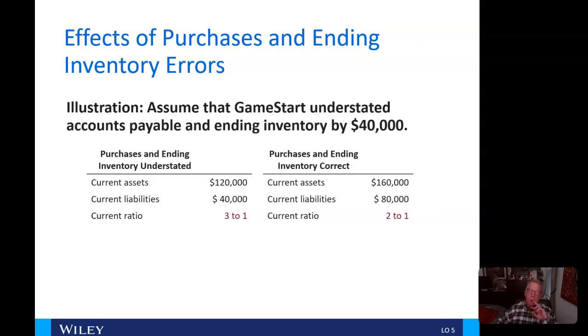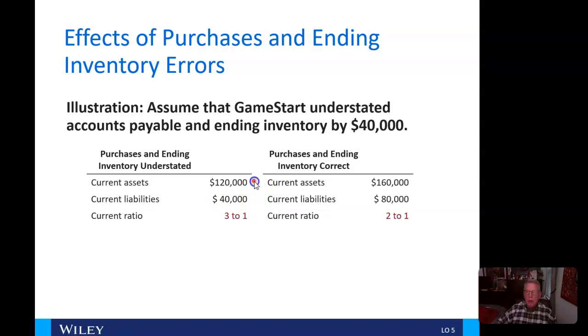Now, the effects of purchases and ending inventory errors. So let's assume that GameStart understated accounts payable and its ending inventory by 40 grand. So in that case, its current liabilities should have been 80,000, I guess, but it was 40,000.